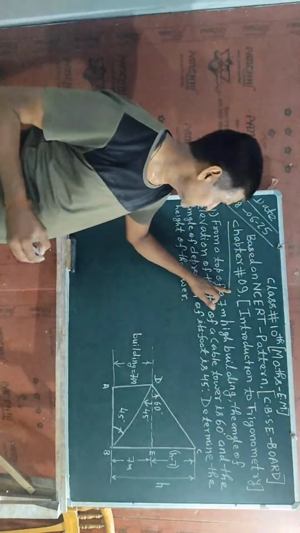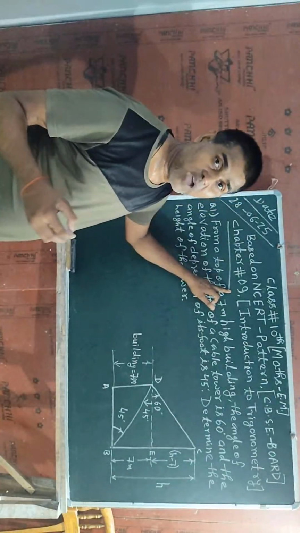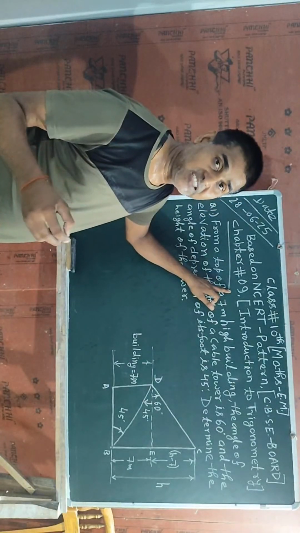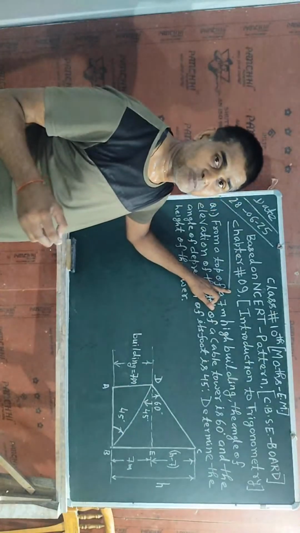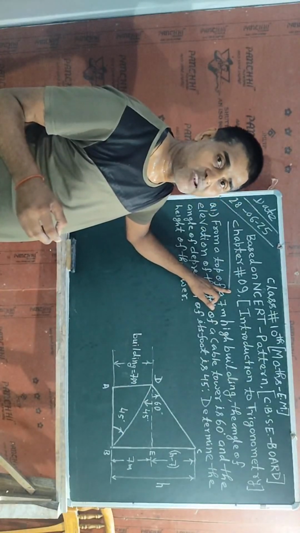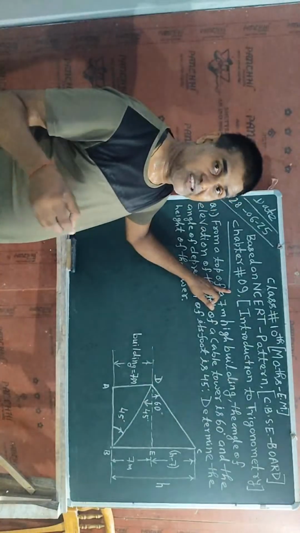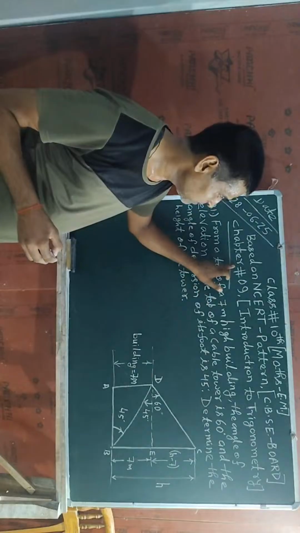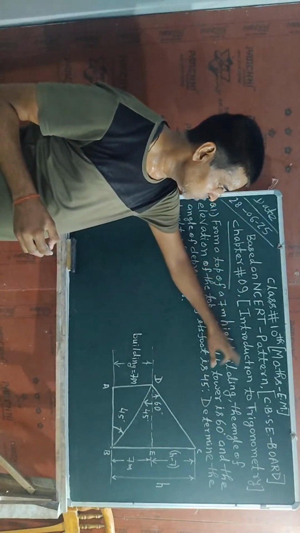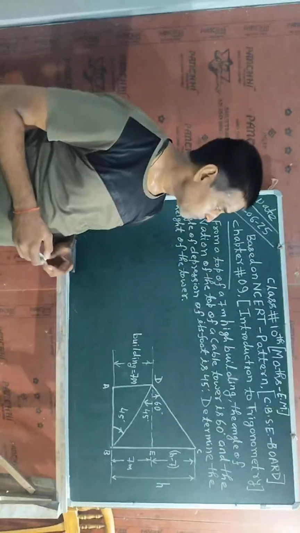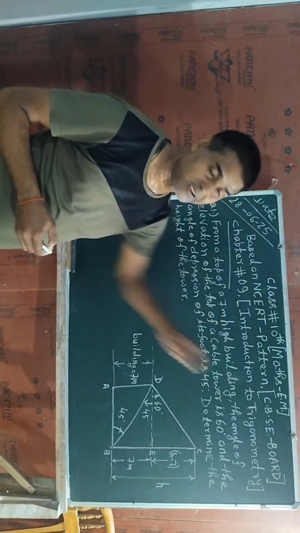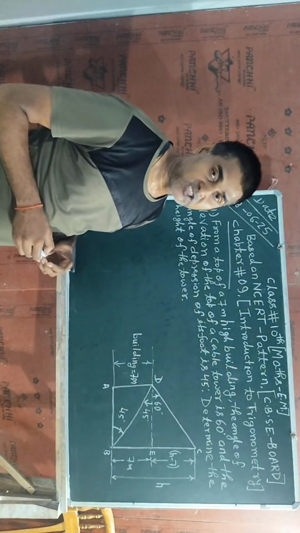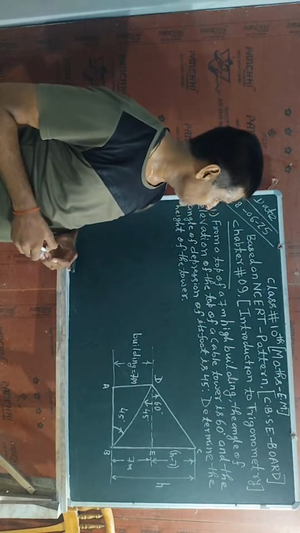You can go and read each topic in detail, because I have already solved some numericals related to the concepts. This chapter number 9 is Introduction to Trigonometry, and all the concepts of trigonometric ratios I have discussed in previous classes.